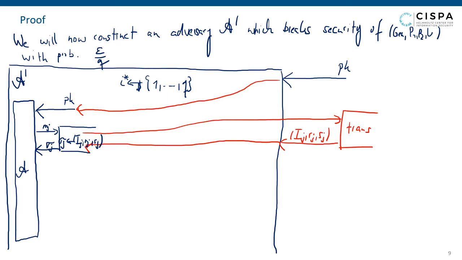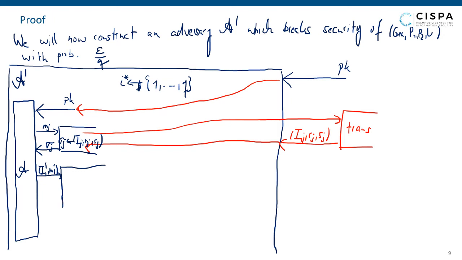Now, one more thing left to do, as always in random oracle model proofs: the adversary A wants to have access to the random oracle. And we said he only queries it on queries of the form II prime, comma, MI prime. Now we need to distinguish two cases.